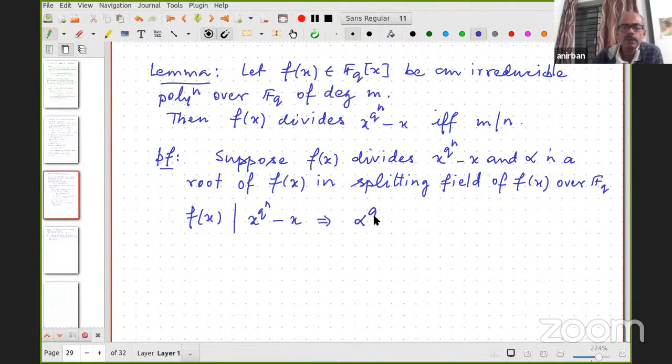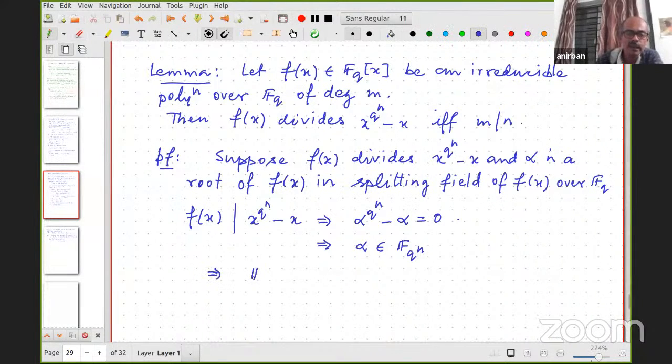So alpha to the q to the n minus alpha is going to be 0, and that implies that alpha is an element of F_q^n, the finite field with q to the n elements. So alpha is inside that.